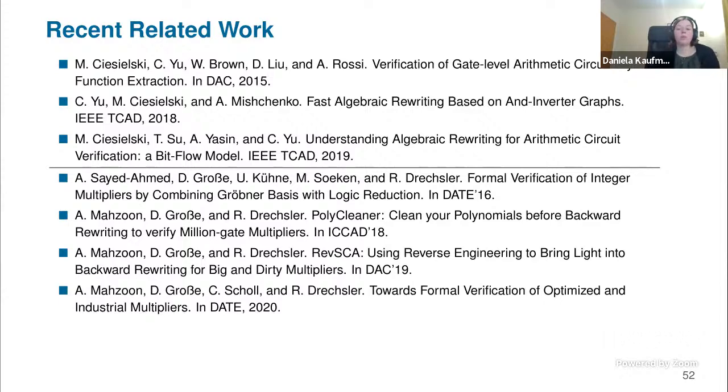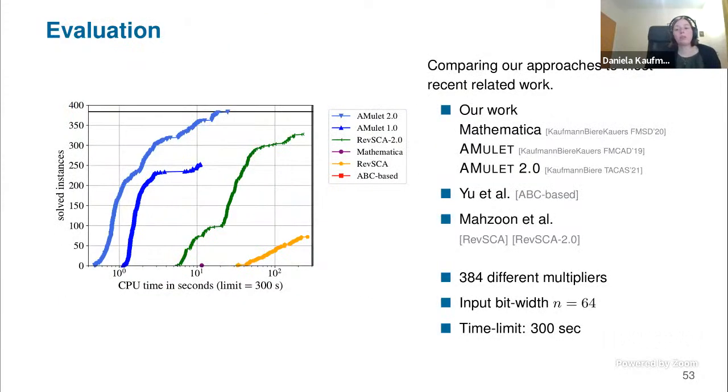We now want to compare our approaches to their work. From our side, there is the computer algebra system Mathematica, our first attempt, then our reduction engine AMULET, and the most recent one, AMULET 2, compared to an ABC-based tool from the University of Massachusetts and to the tool RefSCA from Bremen.